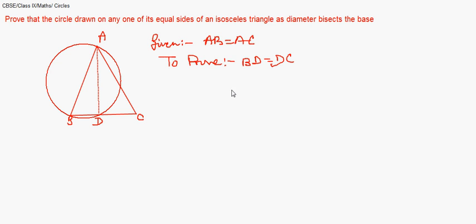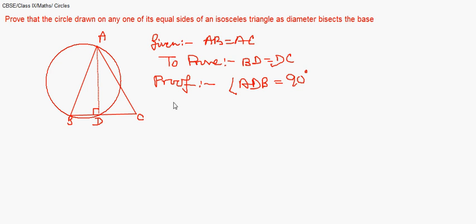How do we do it? Now what about the angle ADB, this angle? If you look at it, this is the angle drawn on the semicircle. We have previously discussed that the angle drawn on the semicircle is a right angle. So angle ADB is 90 degrees.